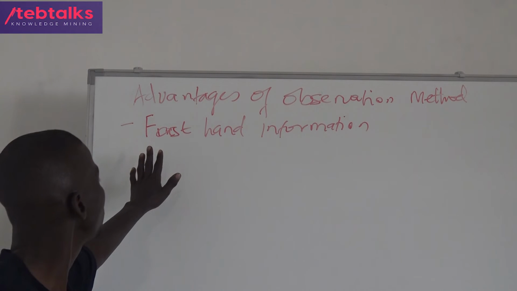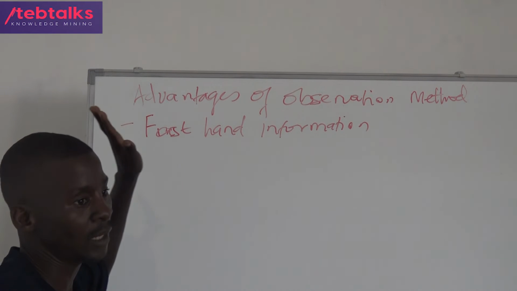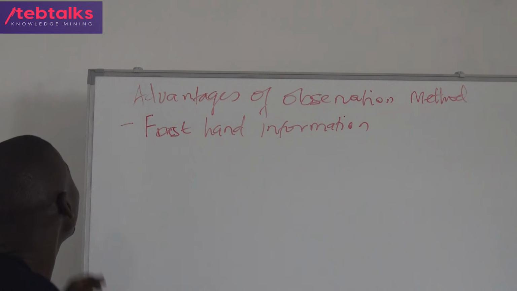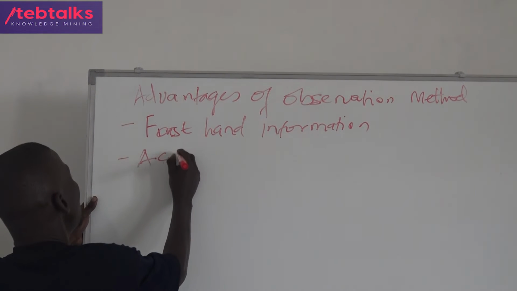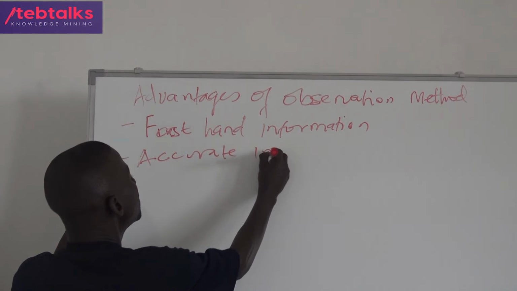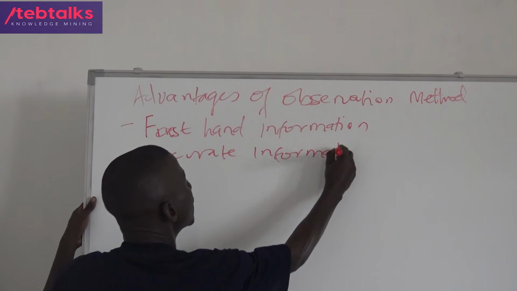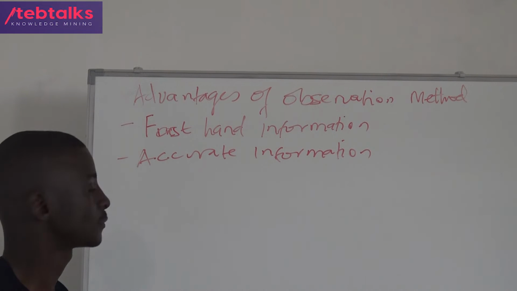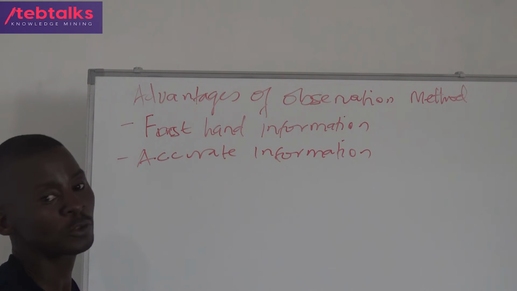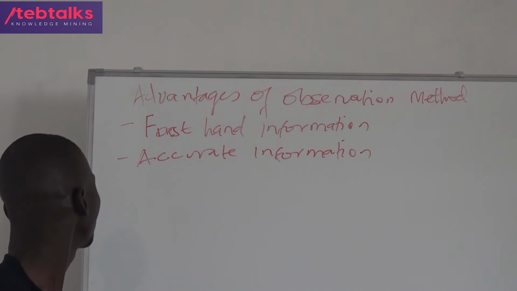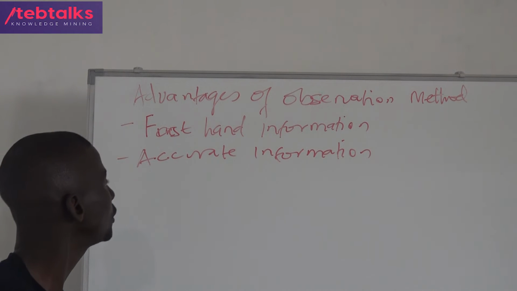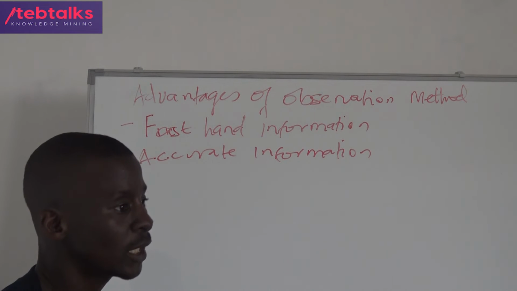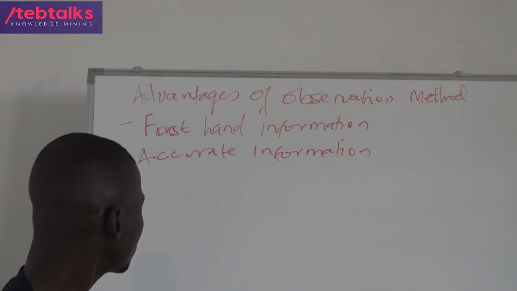So under observation method, you get first-hand information. And even the information you get is accurate. It is not like other methods where you ask and you are told. Somebody may end up even giving you wrong information. But with observation, you clearly see with your own naked eyes.